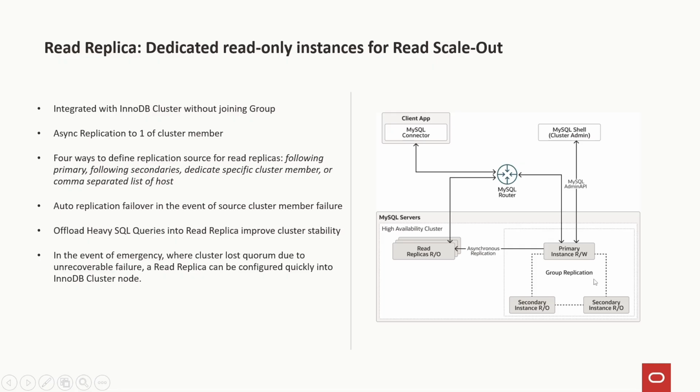But if you have heavy concurrent queries on one of the InnoDB cluster members, the CPU and memory get occupied. That node becomes slower and slower, replication lag will happen, and flow control will throttle the transactions. That's why it's very, very important: if we have heavy queries from the application, we provide the read replicas.